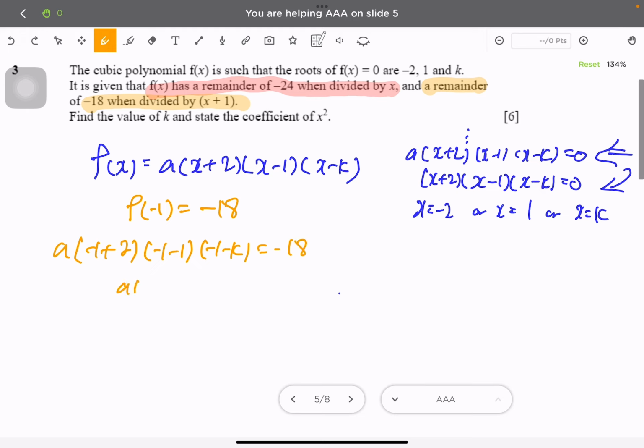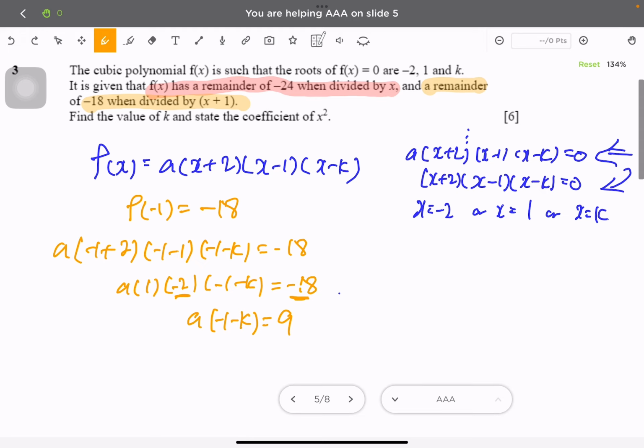Now I will get a times (1)(minus 2)(minus 1 minus k) equals negative 18. Therefore, divide both sides by this negative 2, and I will have a times (minus 1 minus k) equals 9.